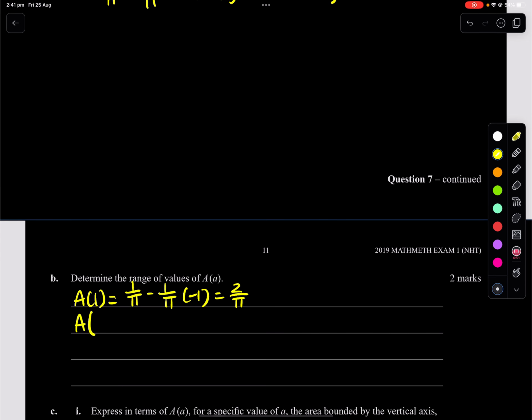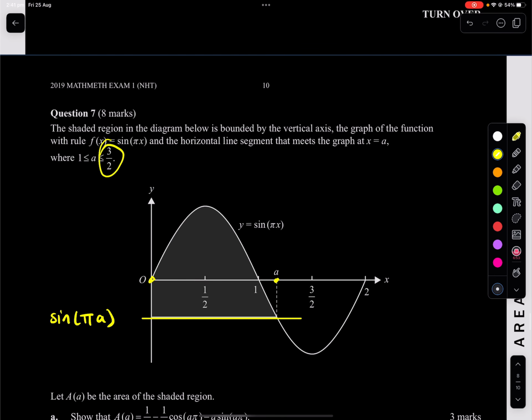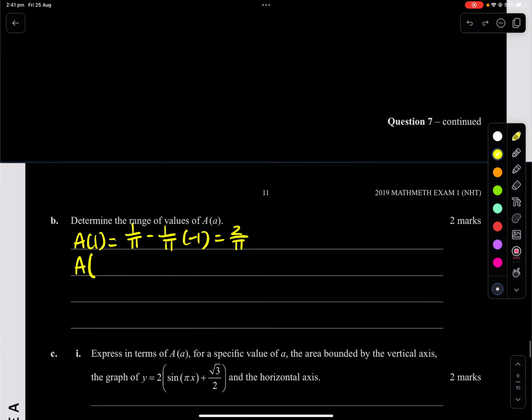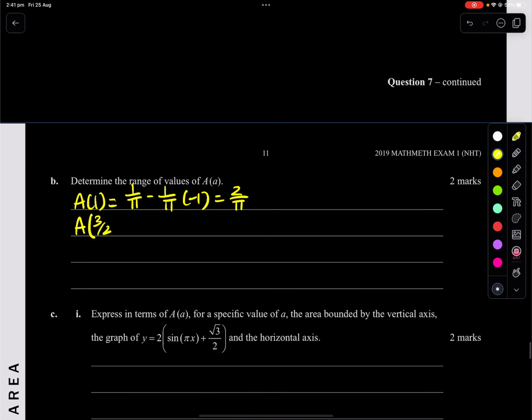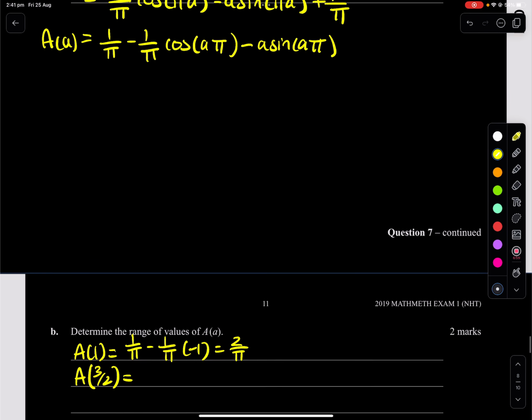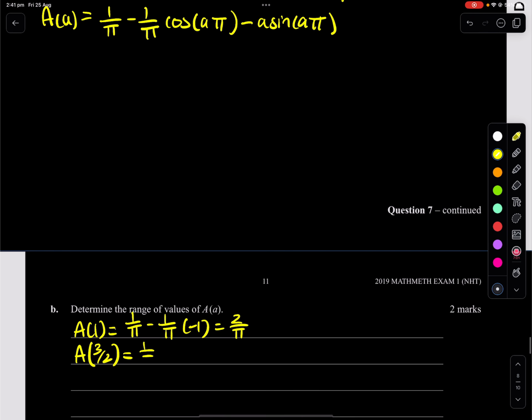And what's A of this one? 3 over 2. So A(3/2) would be 1 over pi minus 1 over pi cos 3 pi on 2. What's cos 3 pi on 2? Drawing the graph of cosine, it is 0.